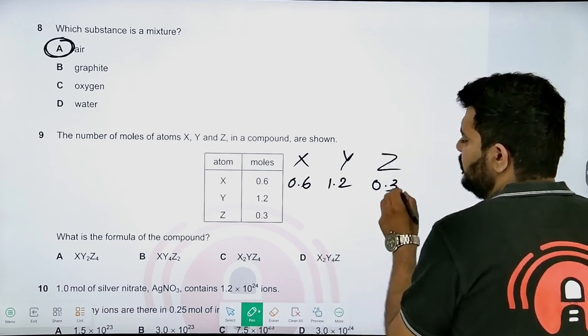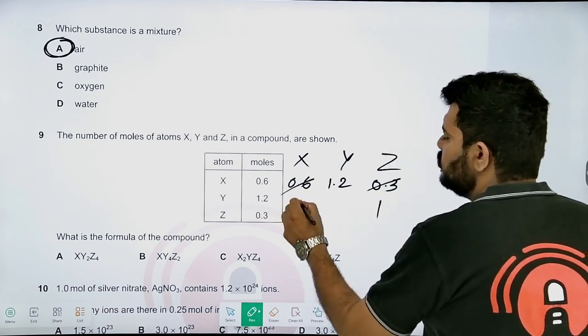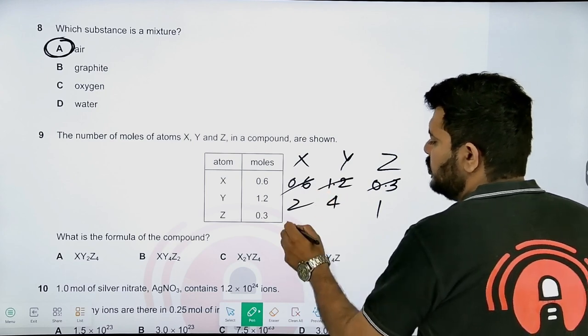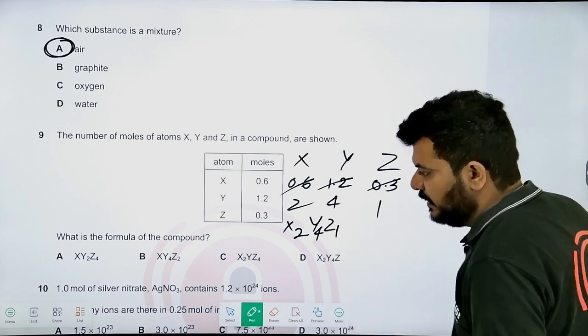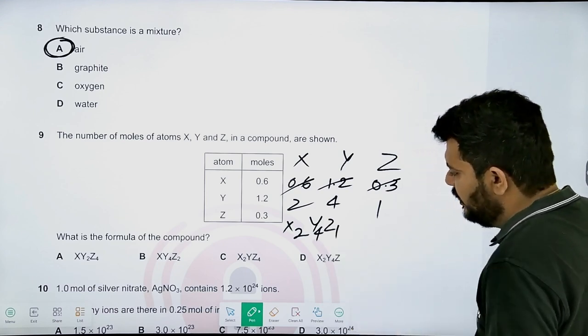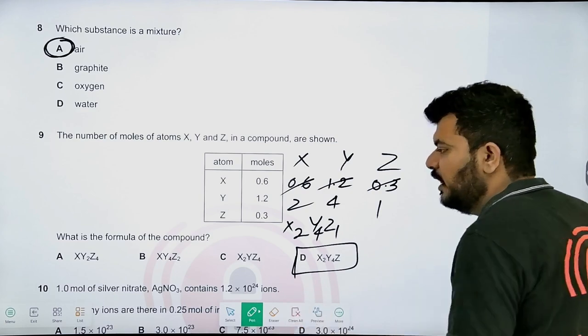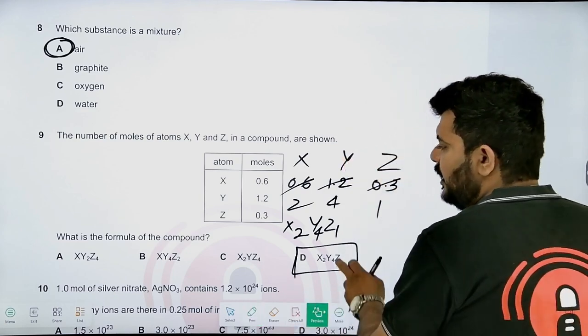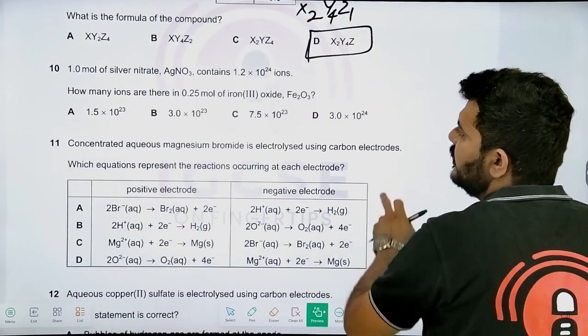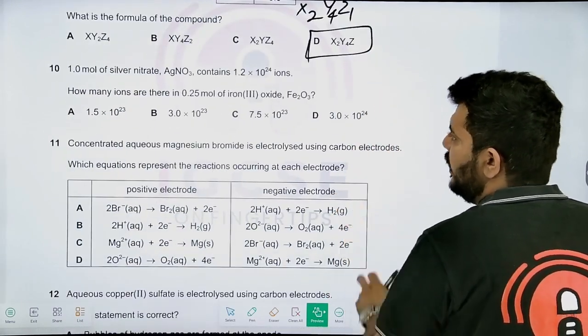Here the HCF seems to be 0.3, so 1 times, 2 times, and 4 times. So it should be X2, Y4, Z1. Let's see which formula, if any. Yes, D agrees with us, right? So D is your answer. Then let's have a look at the next question. What do we have over here?